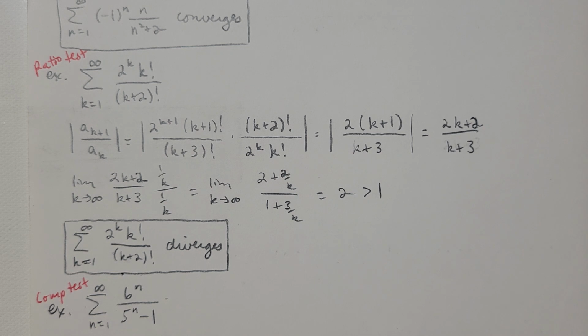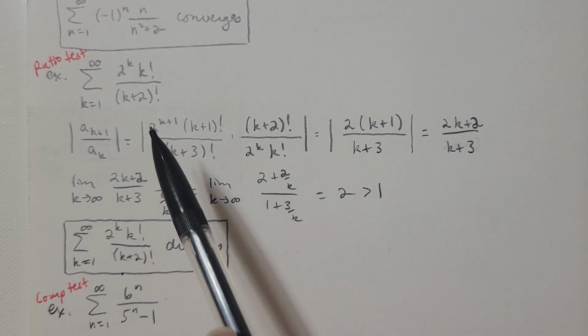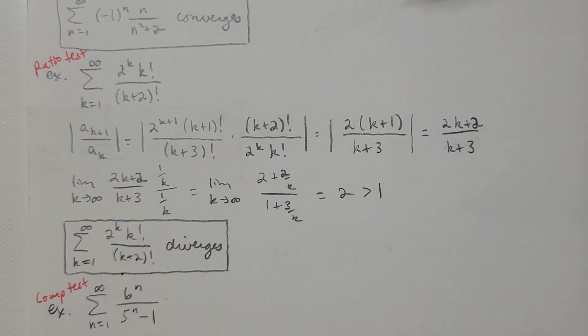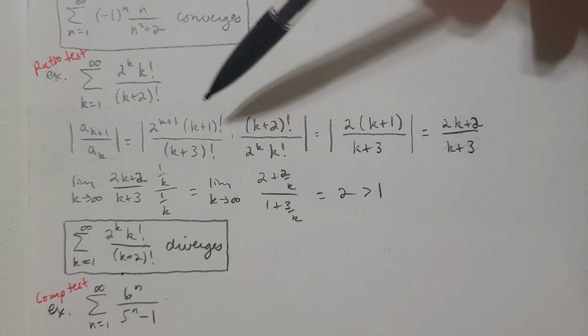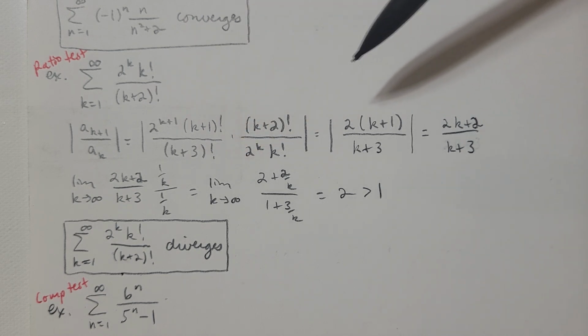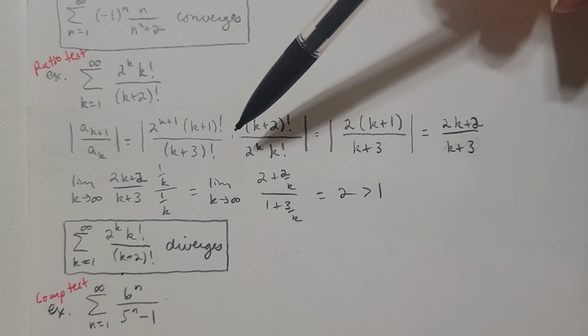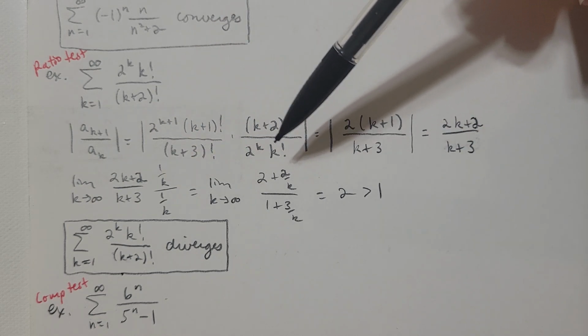Okay, so the absolute value of a sub k plus 1 divided by a sub k, that's equal to a sub k plus 1, replace the k's with k plus 1's. You got 2 to the k plus 1 times k plus 1 factorial divided by k plus 3 factorial. And then you're dividing by a sub k, or multiply by the reciprocal of a sub k.